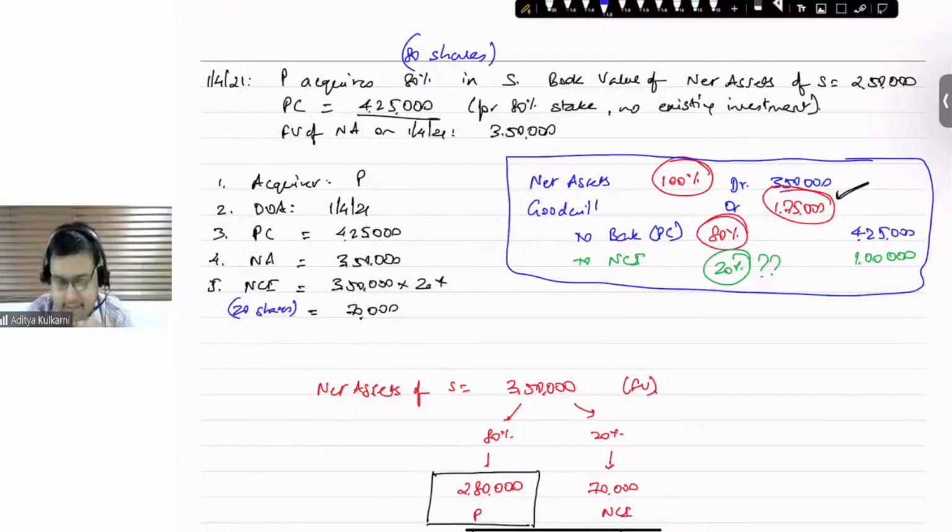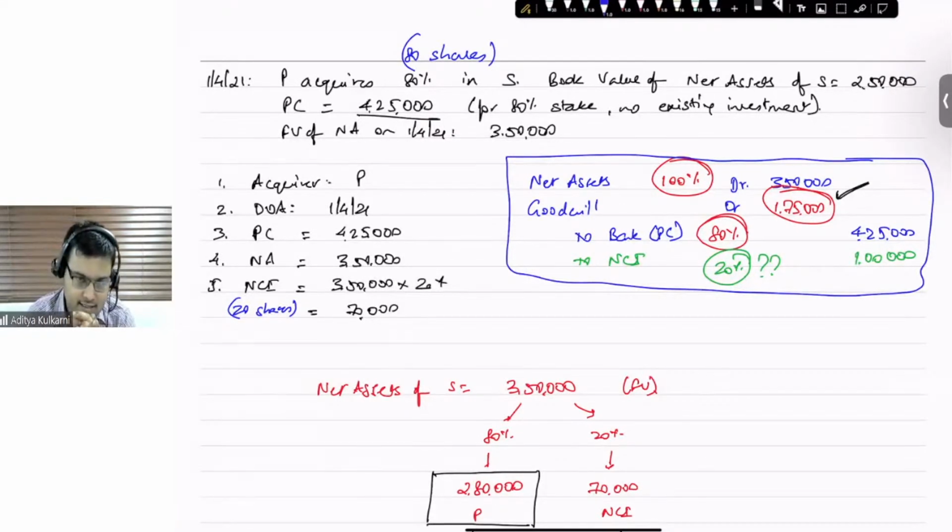What is NCI? Sir, NCI is an entity which is holding shares in the subsidiary. Shares means equity shares. Equity shares means it is equity. Equity means they are entitled to residual interest in the subsidiary.